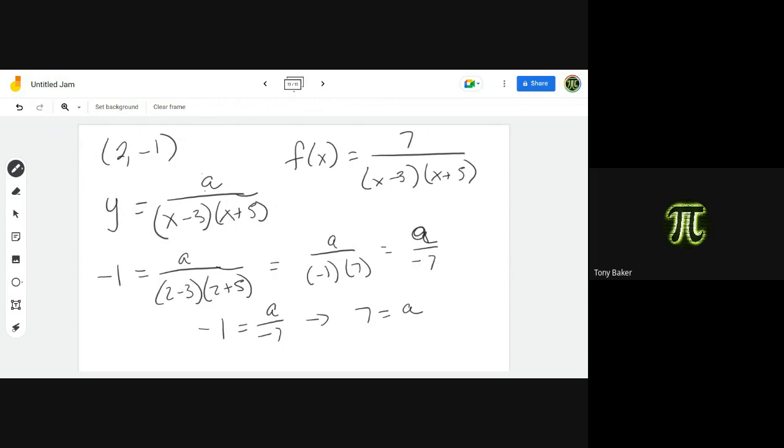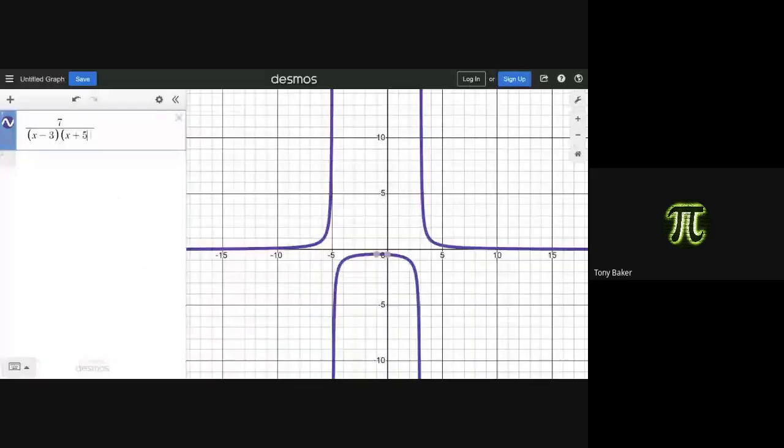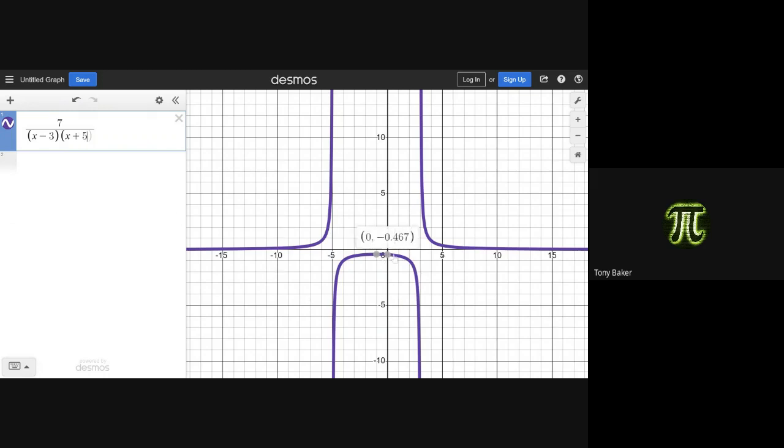And again, don't just assume you're right. Check your work. So we can go back to Desmos. I got a vertical asymptote at -5. I got a vertical asymptote at 3. It does not cross the x-axis. And I had a point, 2, -1, right?